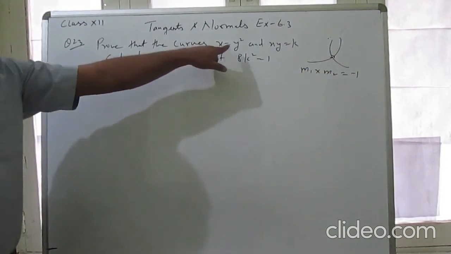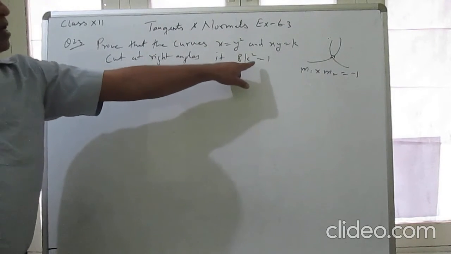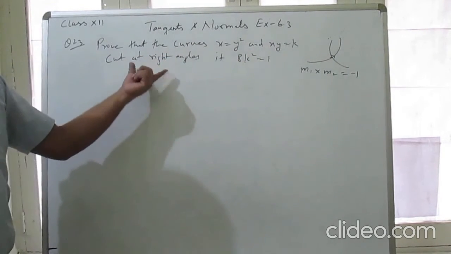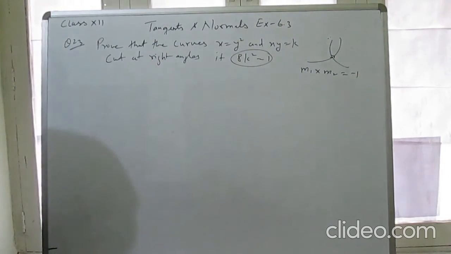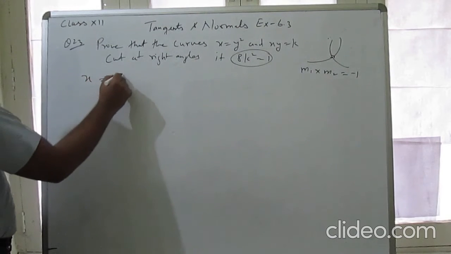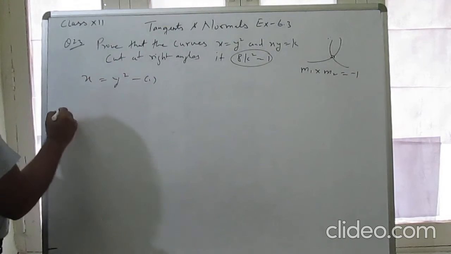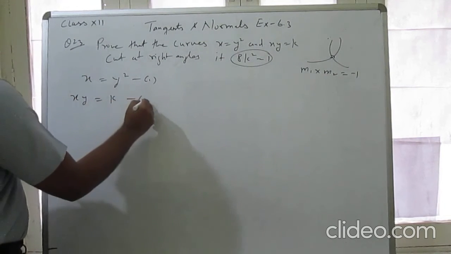If 8k square is equal to 1, it means the curves cut at right angles. If this condition comes, the curves cut at right angles. So the first curve is x is equal to y square, and the second curve is xy is equal to k.